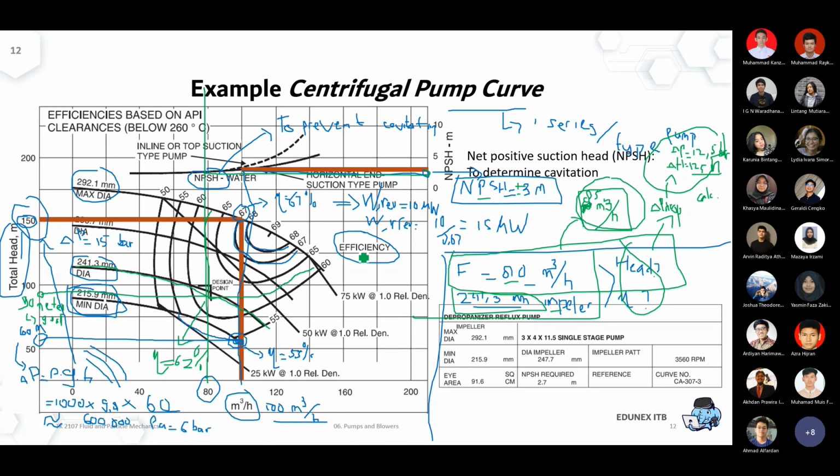And to be specific, now the head and the flow rate are already known. So the question now is, what's the impeller, and then what's the efficiency? Okay, last question before I move on. Anyone want to guess?